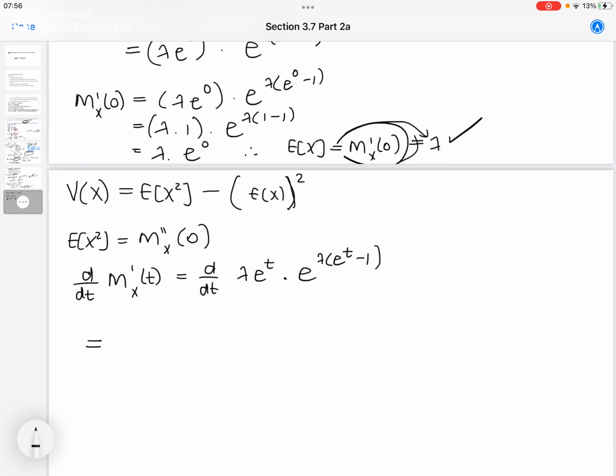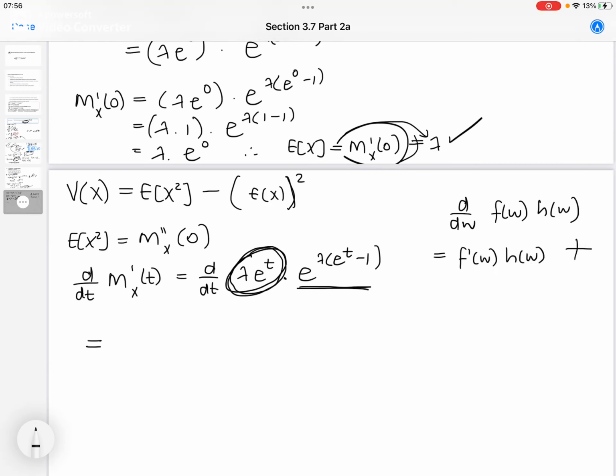And so for this derivative we have the derivative of the first function times the second function plus the derivative of the second function times the first function. What I'm saying is the derivative of f(t) times h(t) is equal to the derivative of f times h plus the derivative of h times f.